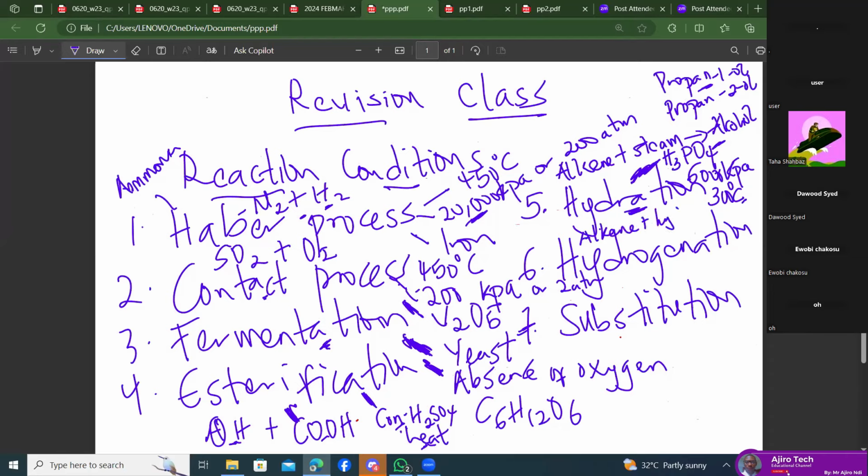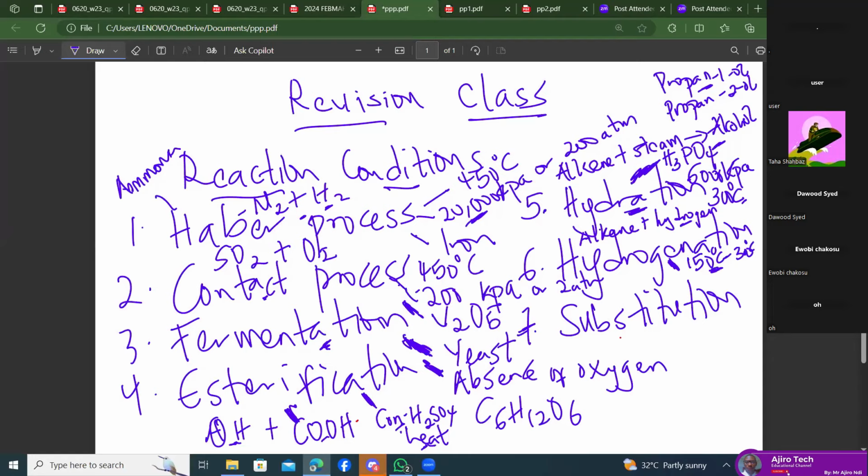All right, so what are the reaction conditions for hydrogenation? You need a temperature of about 150 to 300 degrees Celsius. You also need, of course, as we mentioned, hydrogen added into the whole mixture. So this is the temperature that is needed for hydrogenation.